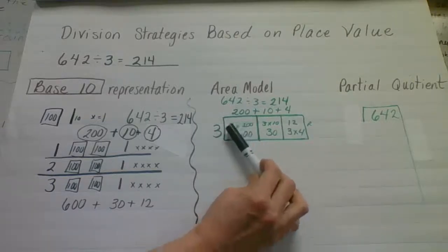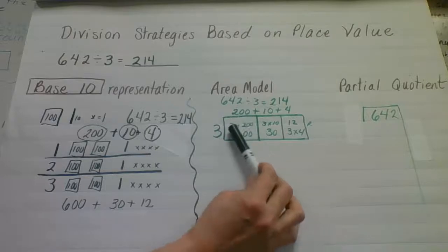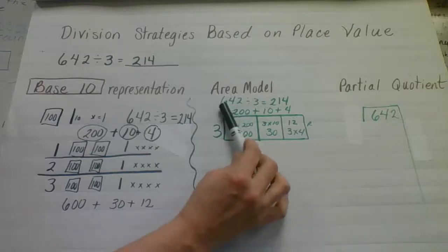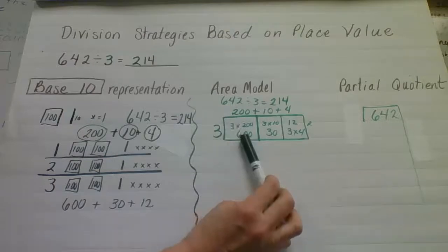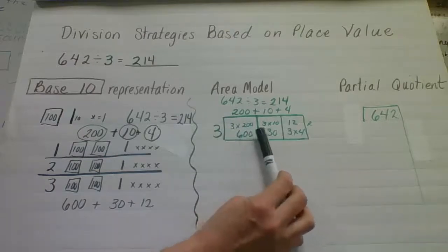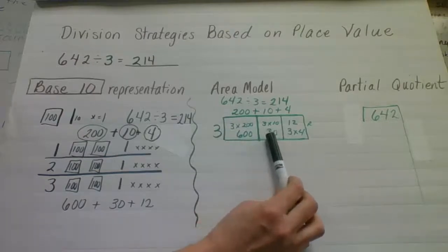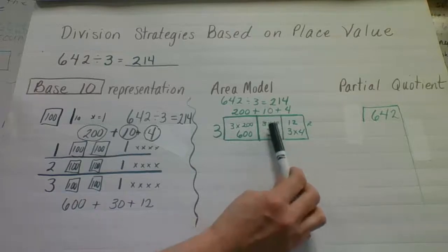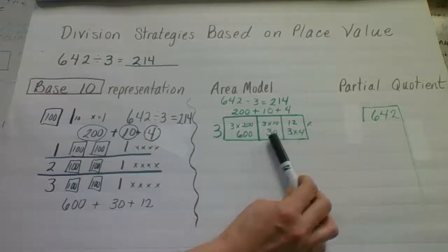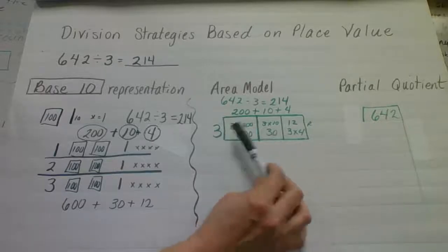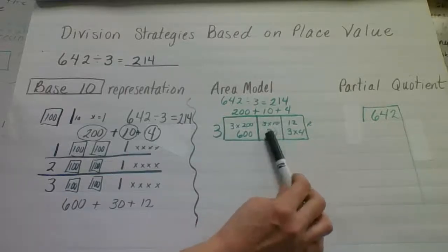So in the first box, I think about my hundreds. If I count by 3s to get to 600, it takes 200 times 3 to get to 600. So that uses up my 600. And then I've got my tens to worry about, how many tens moving towards 642. I can get 10 times 3, which is 30.